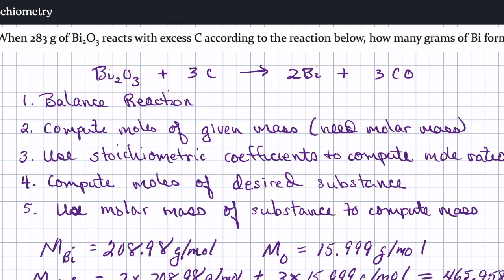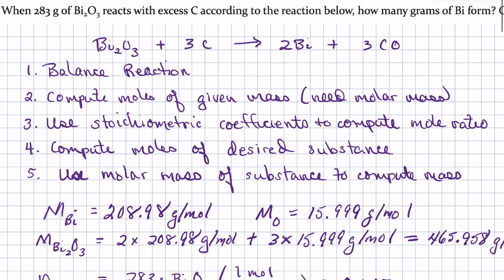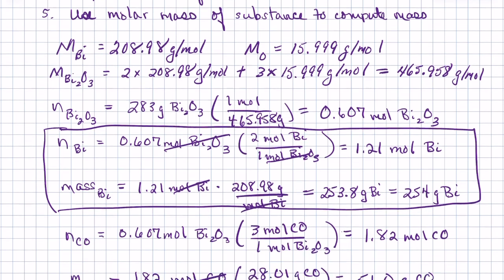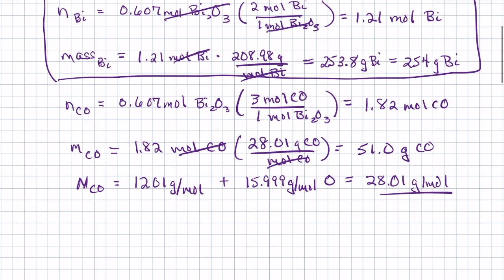Later on we'll be doing calculations where we look at the mass of both reactants, and then we'll have to figure out what the mass of our products is going to be. It's called a limiting reactant or limiting reagent problem, and we'll be looking at it later, but we're not going to worry about that right now.